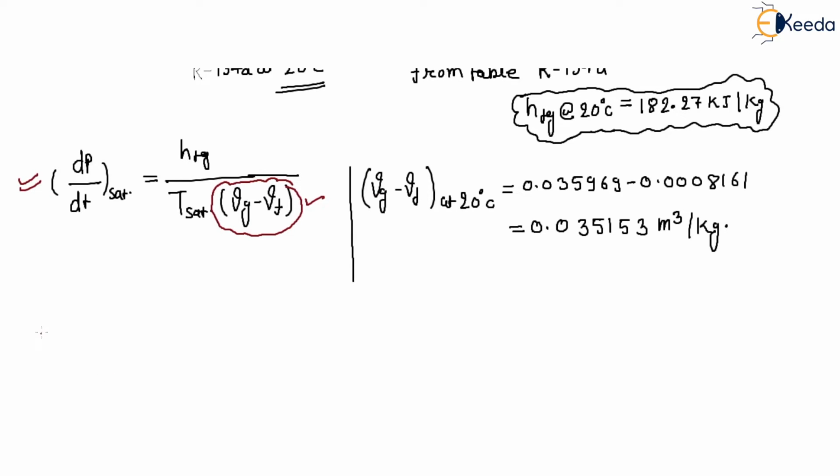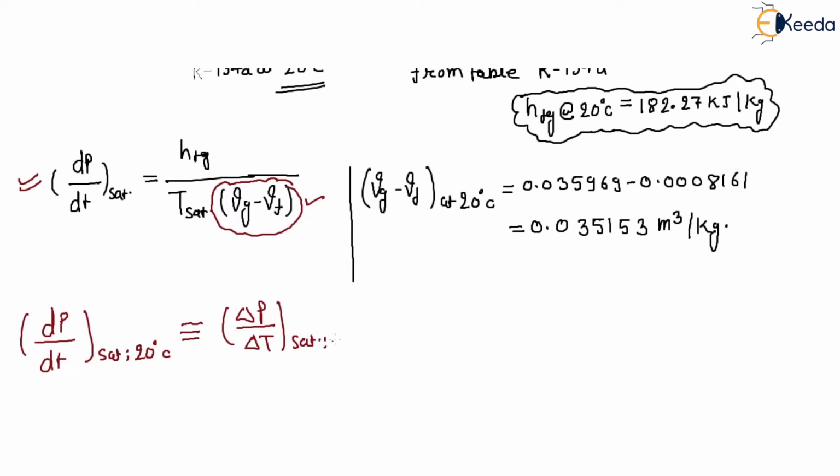Now, dP over dT at saturation at 20 degrees centigrade, we can approximate as delta P over delta T of saturation at 20 degrees centigrade.